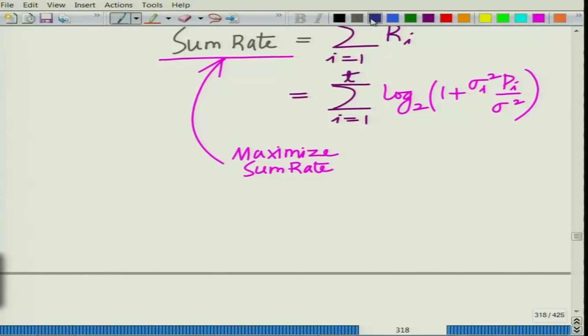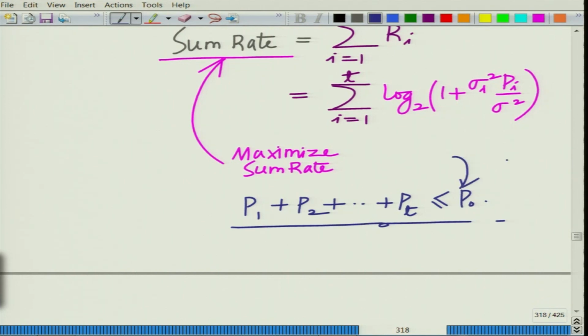Let us call this as P naught, right. You can call this as the total transmit power. So, this is the total power constraint.